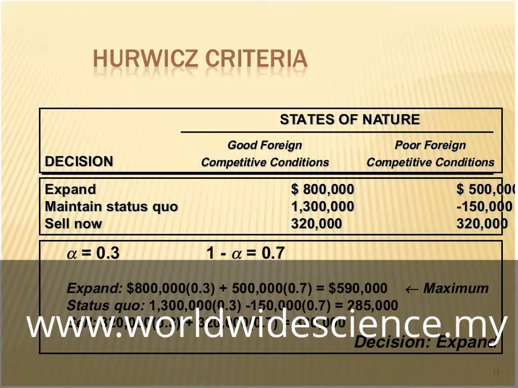If you calculate this, the result will be 590,000. In maintaining, do the same. When you calculate all of the results, you should select the maximum number. The maximum number here is 590,000 that belongs to expand. So you should select expand.